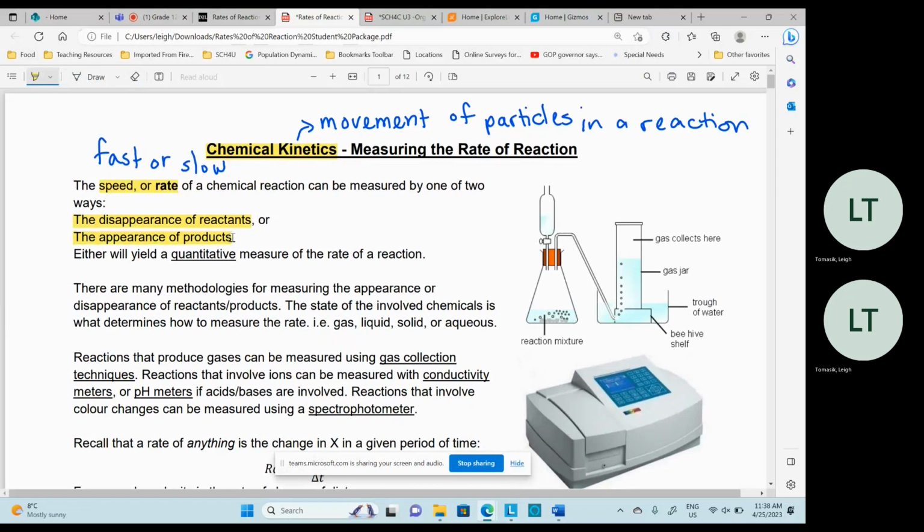So we can track how fast the reactants go away, or we can track how fast the products appear. And we can talk about it quantitatively, right? Quantitatively means we will have a number for how fast or how slow the reaction is going. So we need to measure things in numbers.